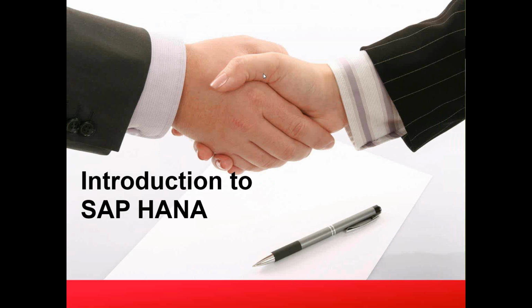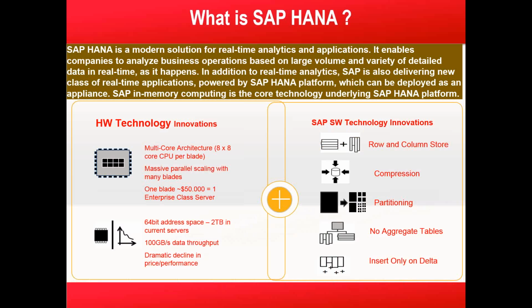Okay, so in the last class, we saw that HANA is a powerful machine which has high memory and also a powerful processor combined together, along with software built specifically for computing, and that utilizes both the hardware and the software system to provide a faster data retrieval and storage mechanism, which is not possible in traditional RDBMS systems.